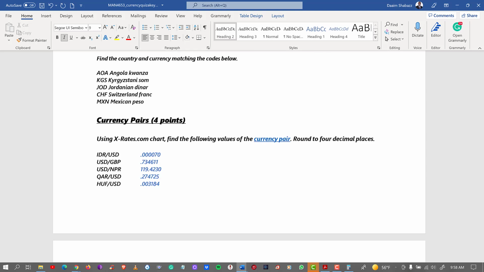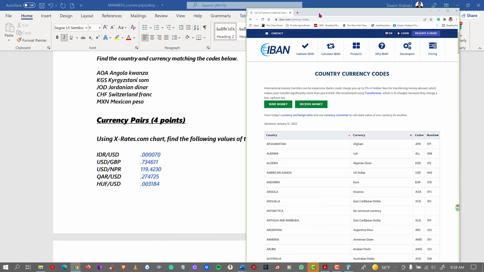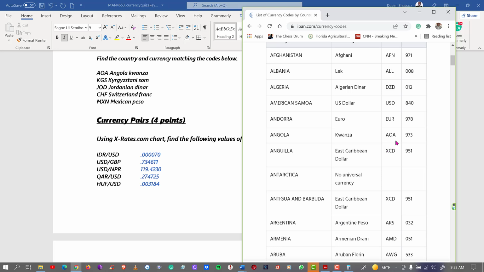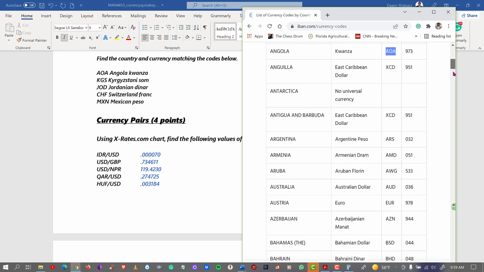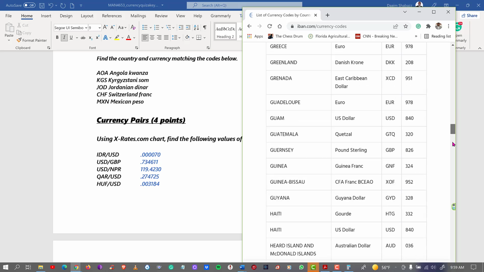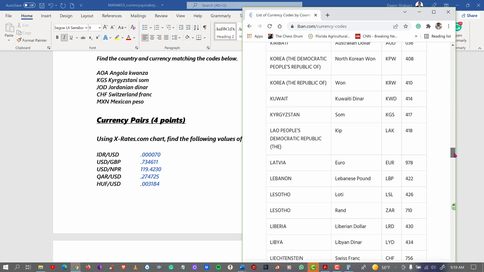For the matching codes, all you needed to do was find an ISO code chart for currencies. You could have used any one of them and look for the code, the AOA, that is the Kwanzaa, the KGS, and just go further down and you just search them out.